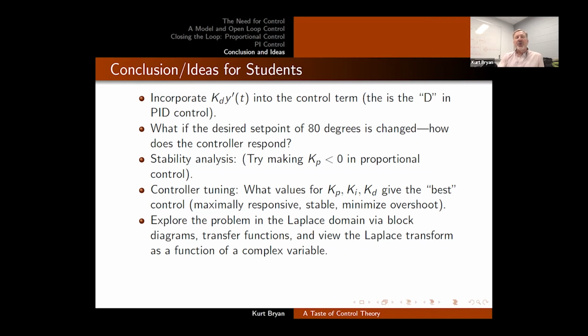This can also illustrate the value of looking at the Laplace transform as a function of a complex variable, because the stability of the control strategy depends on the location of the poles of certain functions involving Laplace transforms, the so-called transfer functions. It depends on where they lie in the complex plane. If they lie in the right half plane, you've got a bad control strategy. It's unstable. If they lie in certain other areas, your control may be stable, but it may oscillate wildly.